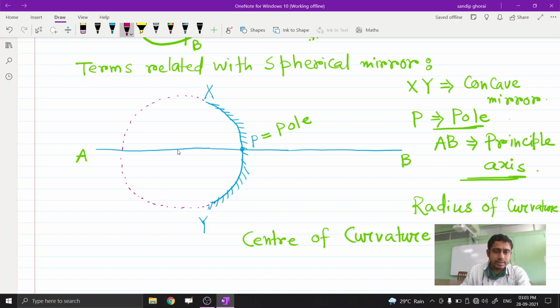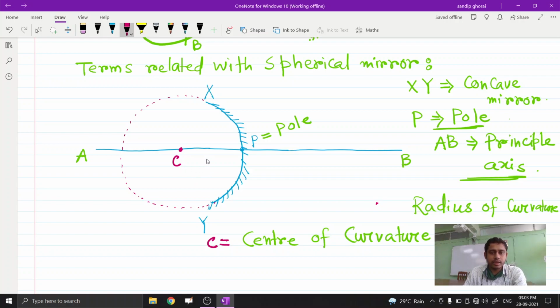And the center of the hollow sphere is defined as C. This point C is called the center of curvature. So C is the center of curvature.